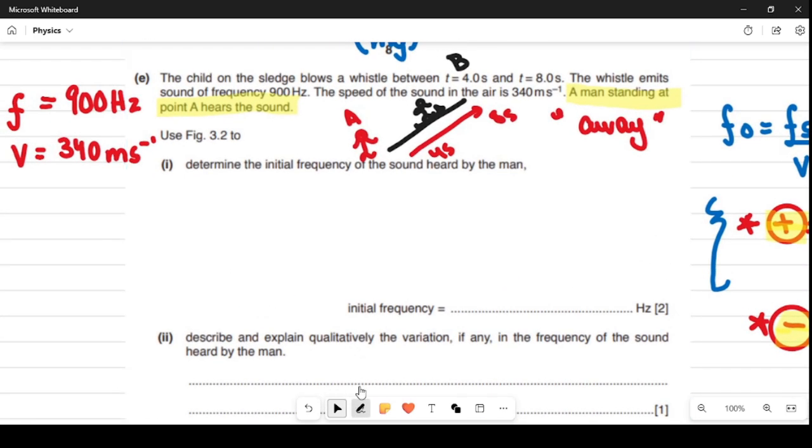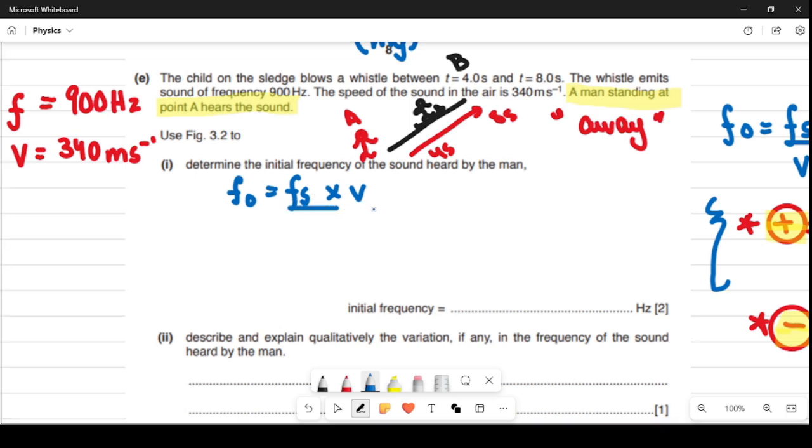Let's come back to our question. Frequency observed is equal to frequency of source times velocity of sound in that medium, which is air in this case, divided by velocity of sound in that medium plus, because it's moving away, velocity of source.